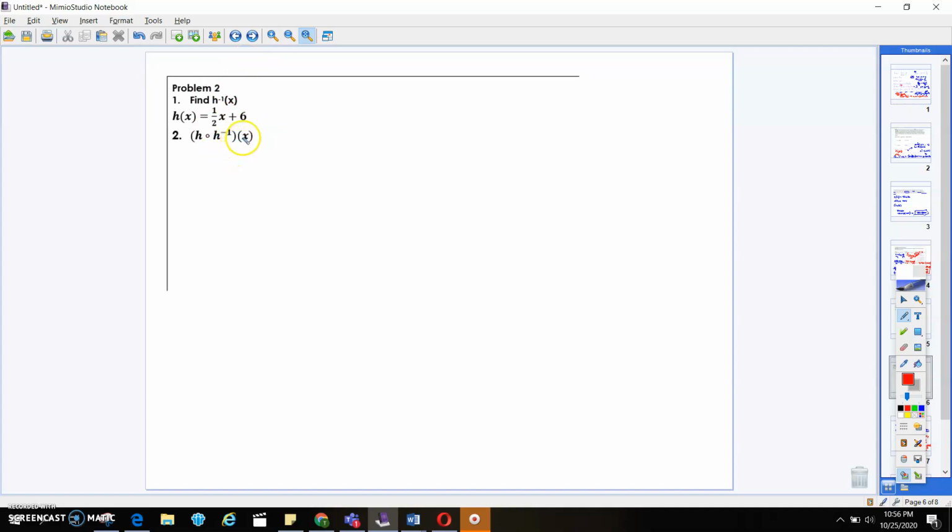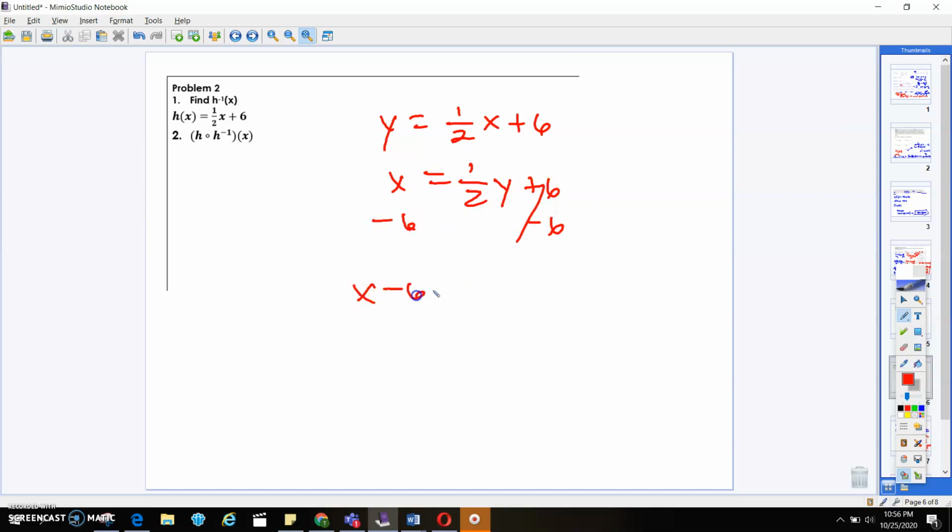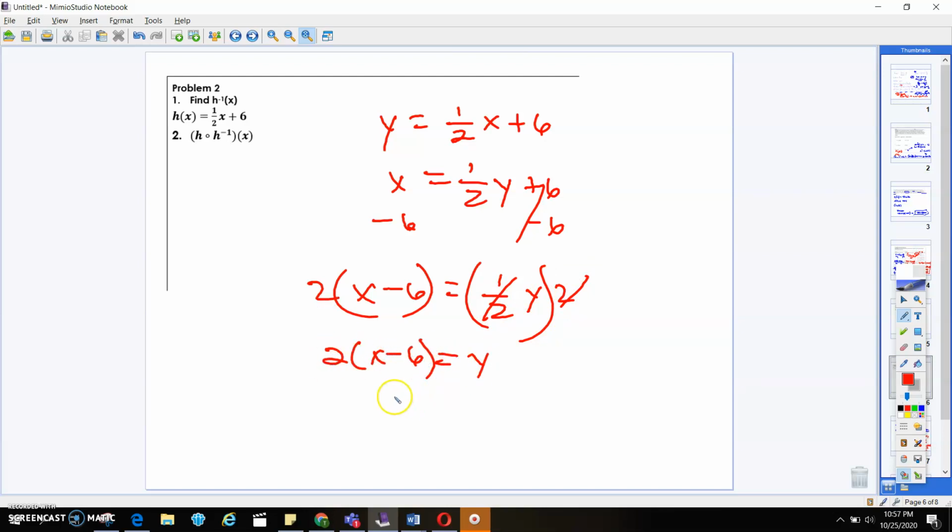Problem 2. Okay, so you're going to find the inverse function. So we've got y equals 1/2 x plus 6. I'm going to switch my x and y. Solve for y. And in order to get rid of that 1/2, I'm going to multiply by 2 on both sides. Okay, and then it says to take the function and plug in the inverse.